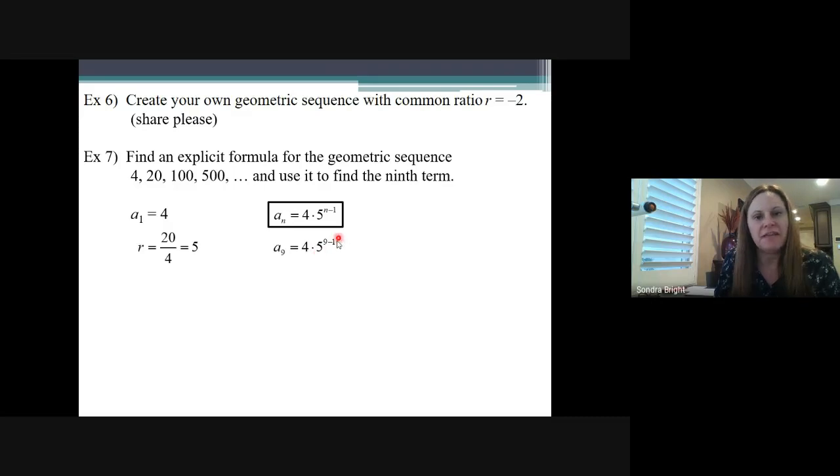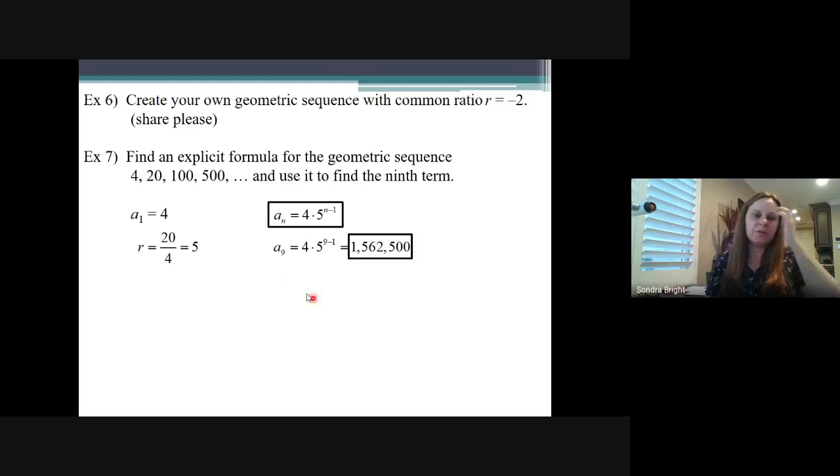You want to do 5 to the 8th power first, and then times 4. If you put it straight into your calculator, it will do the exponent before it multiplies. But don't you dare say this is 20 to the 8th power. No, it's not. It's exponents first.